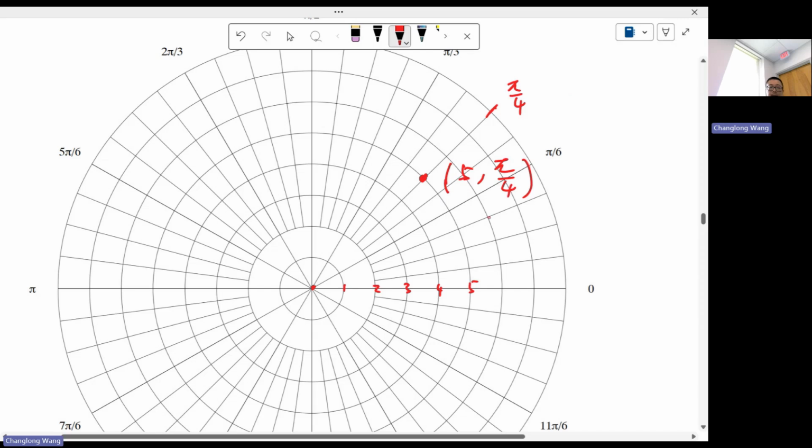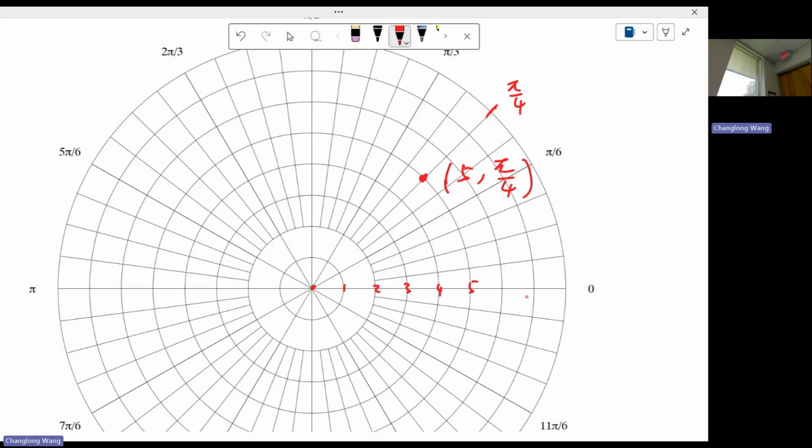But if I want negative 5 instead of positive 5, what would that point be? If it's negative 5 but with the same angle, it will be exactly on the opposite side of the pole.